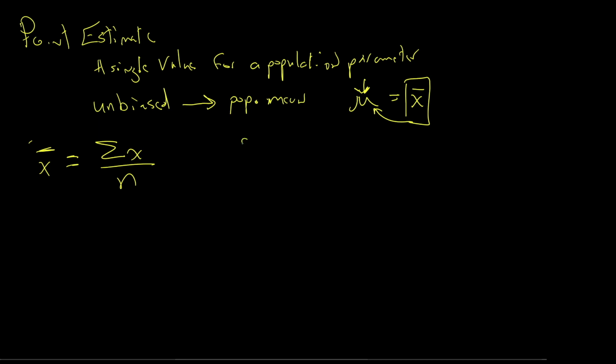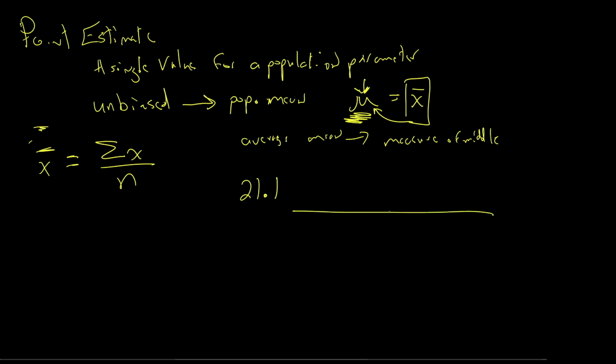We have the idea of an average or a mean being one measure of a middle, right? Mean, median, and mode. And we're saying a population has some mean. Well, our sample mean should estimate it. And this is a point value. It's a distinct value, right? 21.1. Put it on a number line. It sits there.